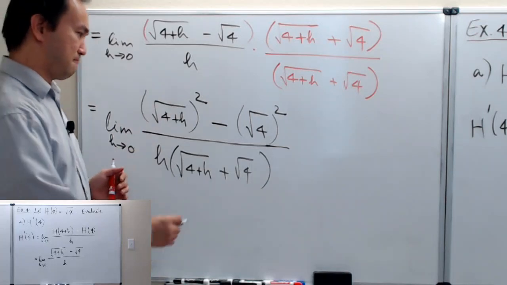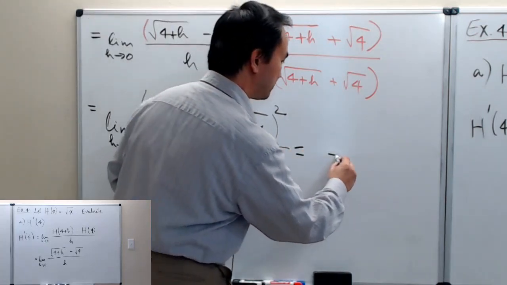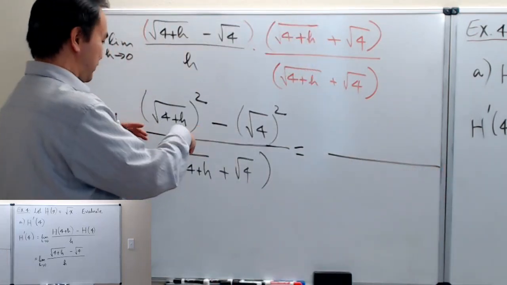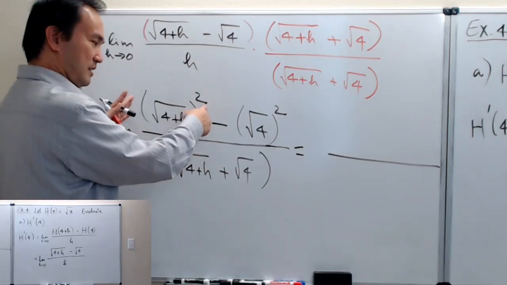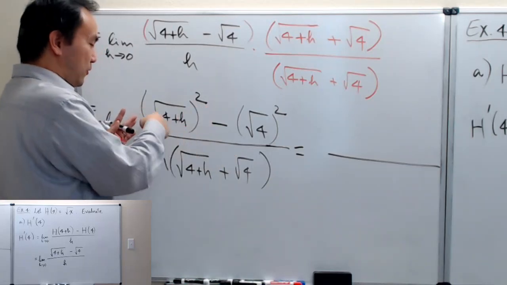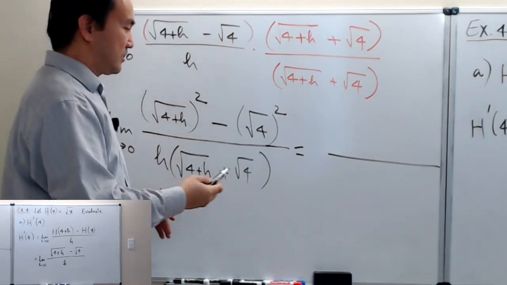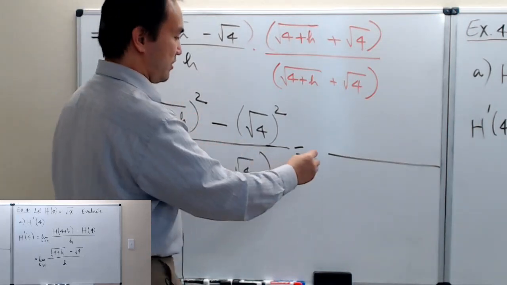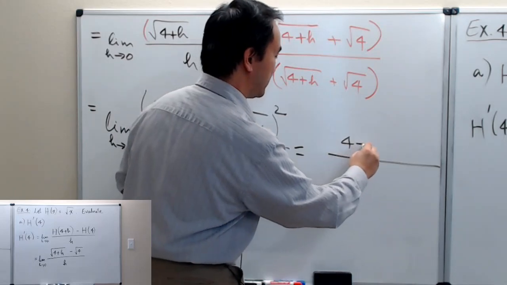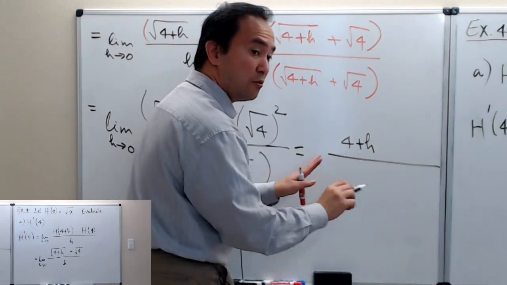And so now, in my next step, just like I said earlier, any square operation is famous for canceling out or undoing the square root operation. So now, square canceling out with that square root, my first term becomes simply just 4 plus h and no more square.